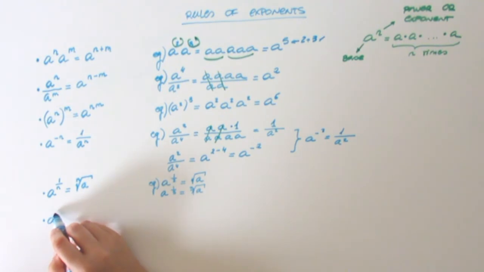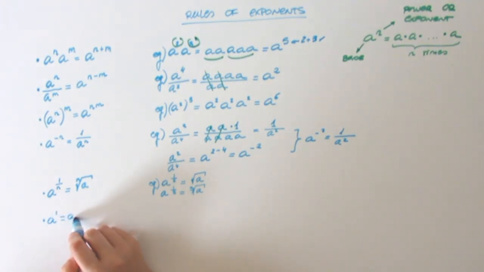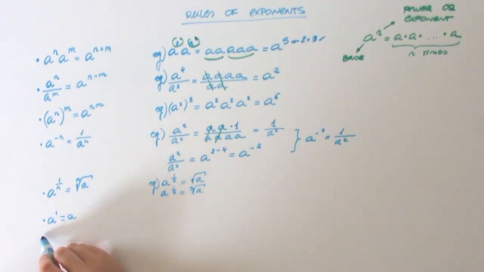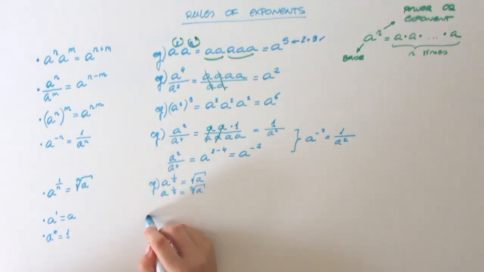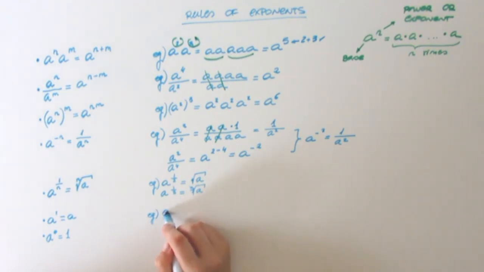The last two rules, a to the power of 1, a times itself 1 time, is the same as a, and a to the power of 0 is always 1, as long as a is not 0, but we're not going to go there. I'm going to give you an example so you will see it easier. Let's imagine that we've got a to the power of n over a to the power of n.